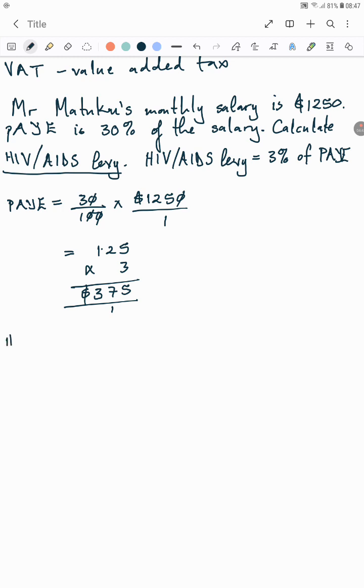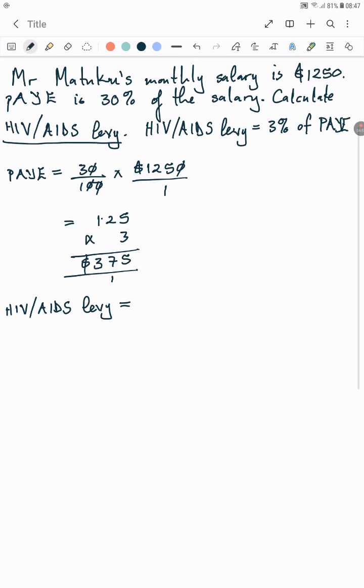So our HIV AIDS levy, all these are contributions that are deducted from our salaries. Here we calculate 3% of $375.